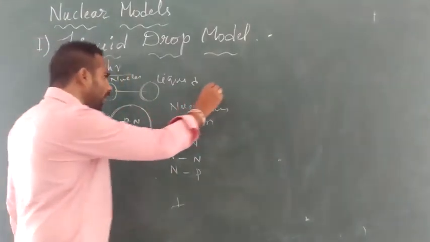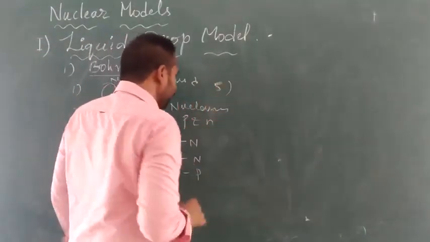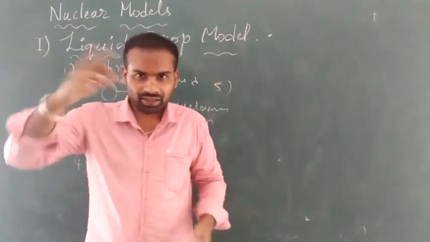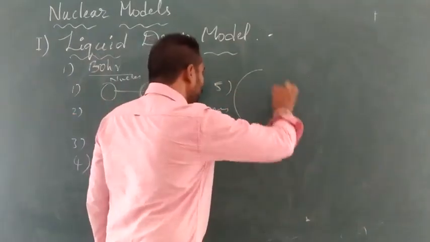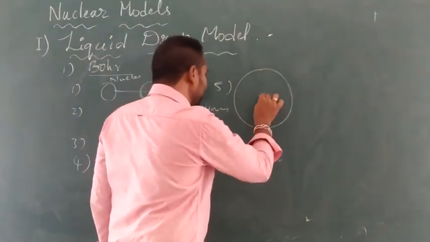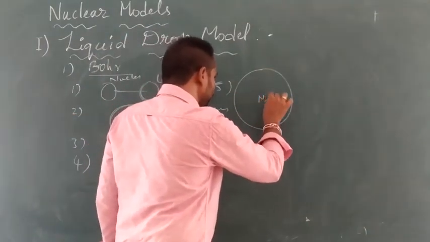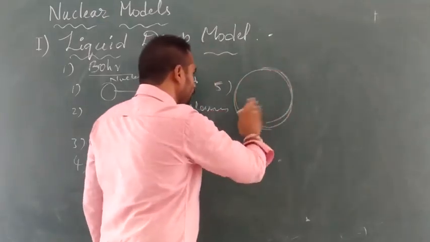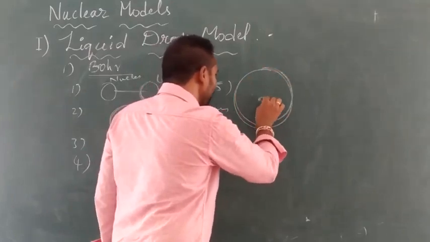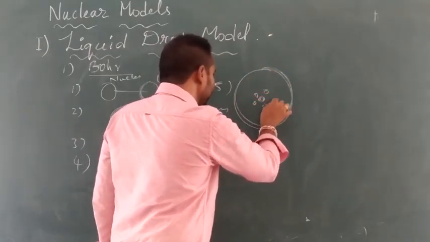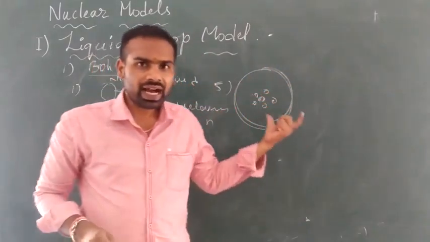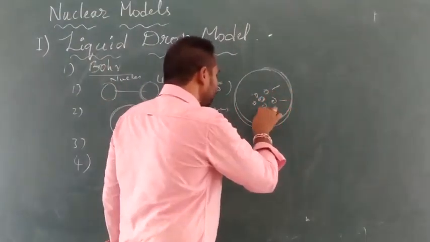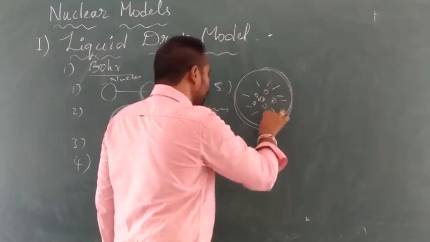Next, the fifth point. Whatever nucleons are present in the deep of the nucleus, for example, this is the complete nucleus, the nucleons in the middle, in deep, are attracted from all the neighboring nucleons from all sides.